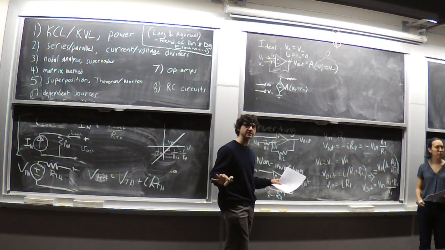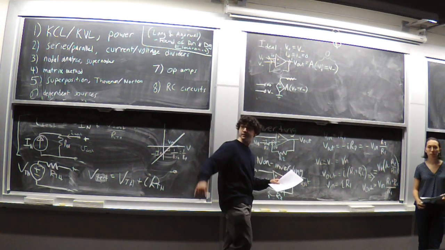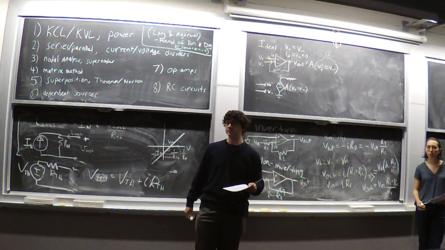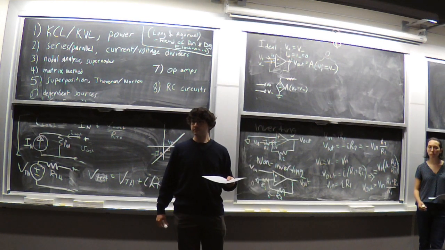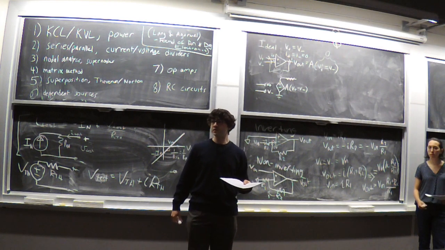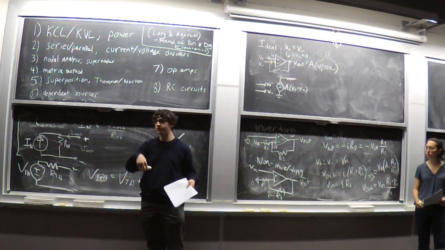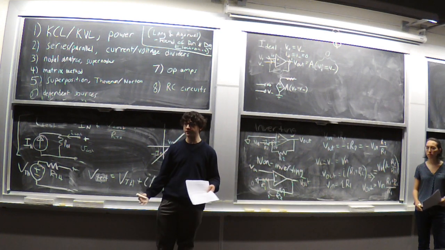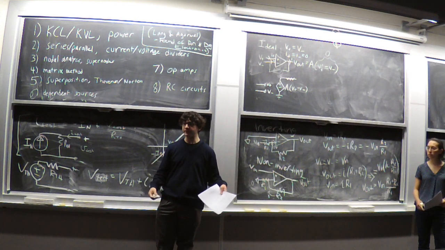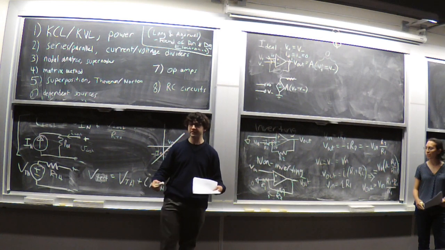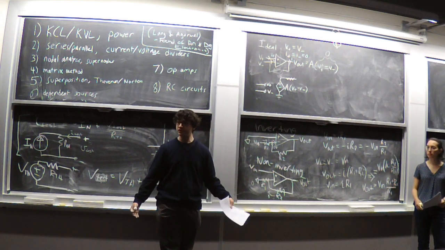Does that make sense? Yeah. Will we ever have to do non-ideal op-amp things with A not being close to infinite? So it's possible. We could give you a model like this, and you might need to solve for the answer in terms of A. Generally, we would do that to see how good our approximations are.